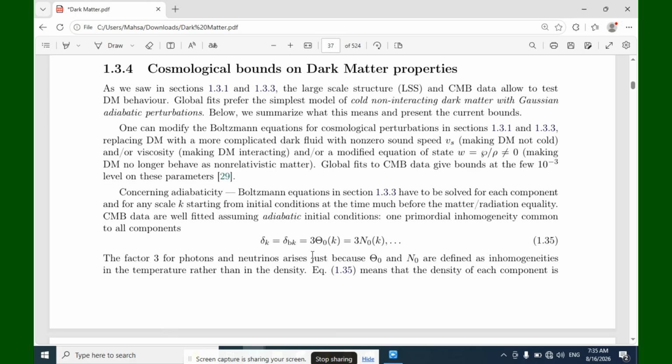Global fits to cosmic microwave background data give bounds at the few 10^-3 level on these parameters.